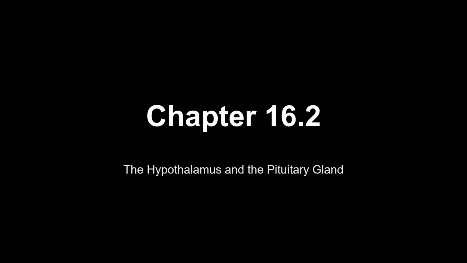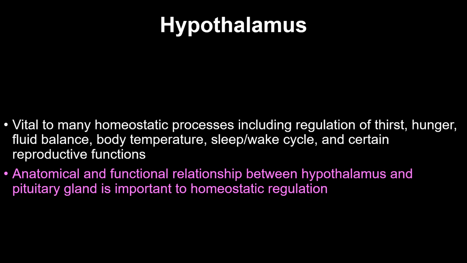Now let's talk about the hypothalamus and the pituitary gland. We're going to start getting into some of these control mechanisms for the actual endocrine system. And I want you to recall that the hypothalamus of the brain is that small collection of nuclei with many important physiological functions, like regulation of hunger, thirst, fluid balance, body temperature, sleep-wake cycle, as well as certain reproductive functions.